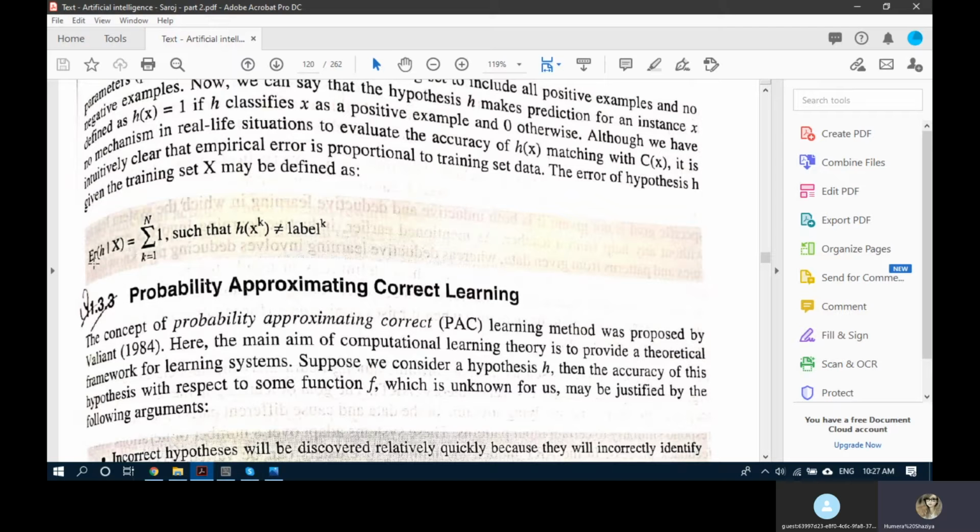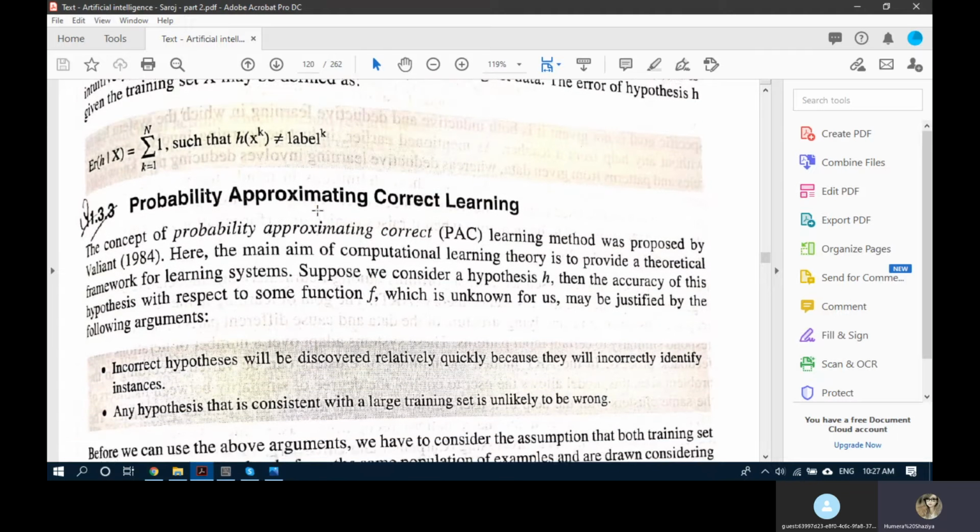So that error rate, ER, where hypothesis h is what is generated by the model, x is what is given, and for every instance, for every feature, k from 1 to n, such that h of xk is not equal to label k. If label k is not matching with h, which is the output of the model, then the error has to be reduced by following the same procedure as I described.